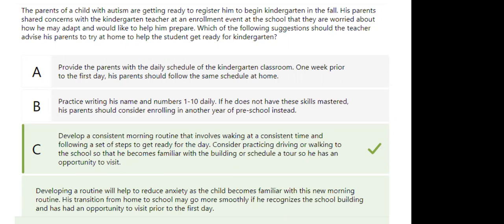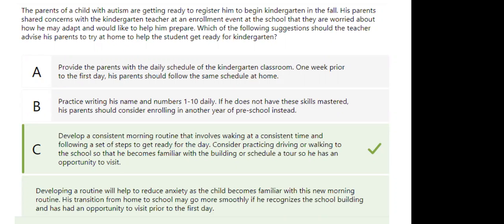Which of the following suggestions should the teacher advise his parents to try at home to help them get ready for kindergarten? Again, develop a routine. That's going to help reduce anxiety as the child becomes familiar with this new morning routine, and its transition from home to school may be more smooth.